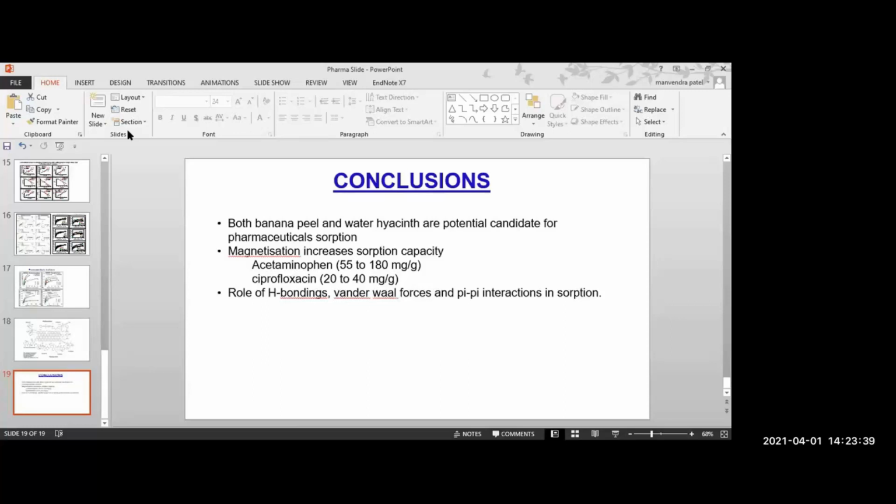Although during my studies I have tested various biomasses such as wheat husk, rice husk, and corn straw, these biochars didn't give the desired results, and sugarcane bagasse also didn't give the desired results.